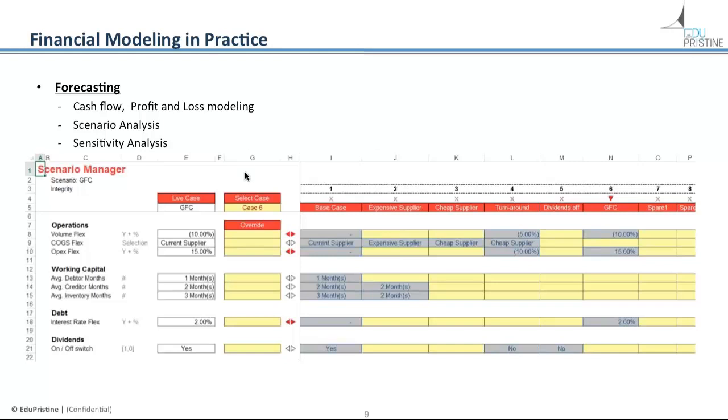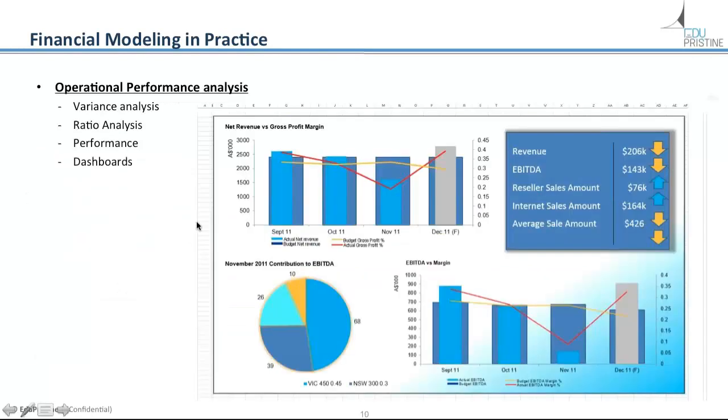Yes. Let's keep going. So the next thing that we're looking at is the operational performance analysis. So the sheet there, just while we've got that picture up, is what's referred to as a dashboard.